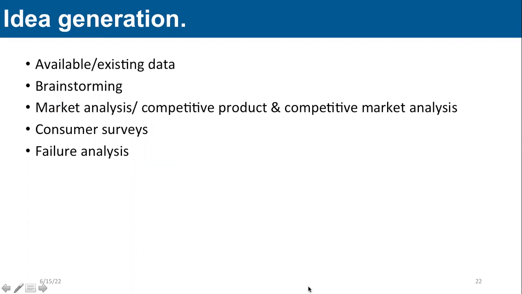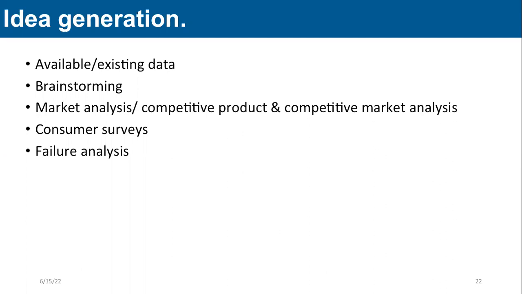So now we are moving to the first step, idea generation. We can do it based on the available data. It means in Sri Lanka, the population is there. We can get the Department of Census and Statistics data, and there are some research data available.